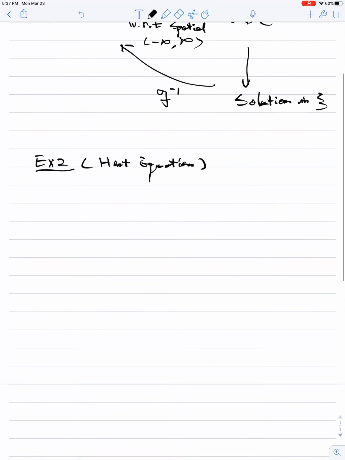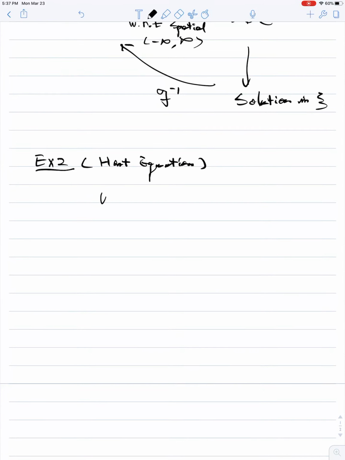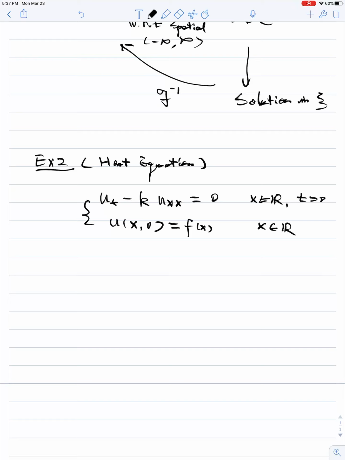Here you have a heat equation on the real line: u_t - k u_xx = 0, where x is on the real line and t, the time, is positive, and you have the initial condition u(x,0) = f(x) for any x in R. So this is an initial value problem, a Cauchy problem.